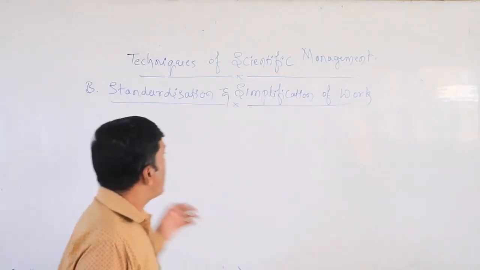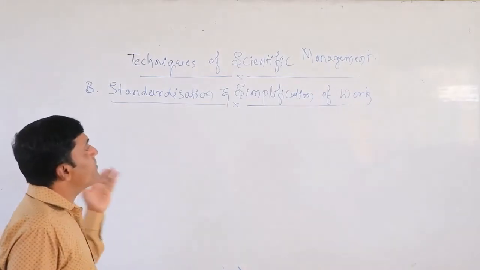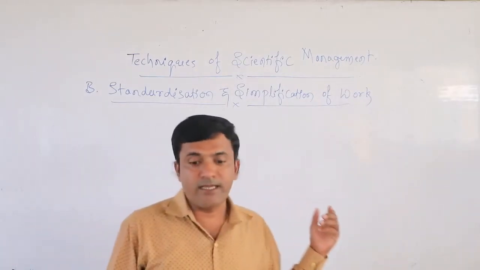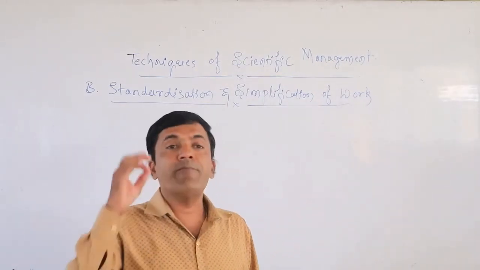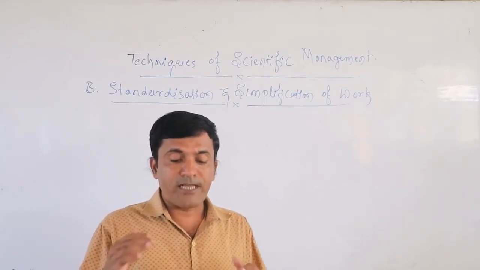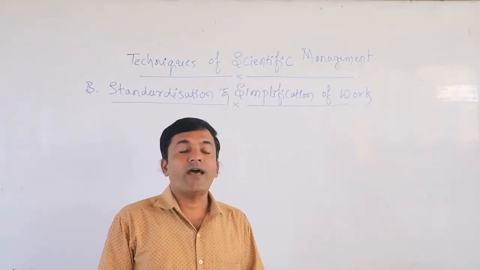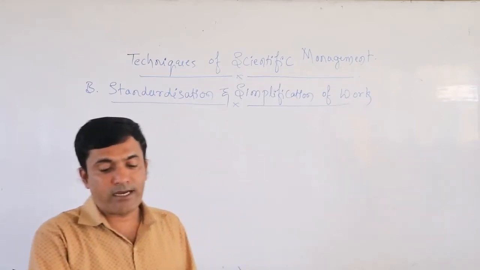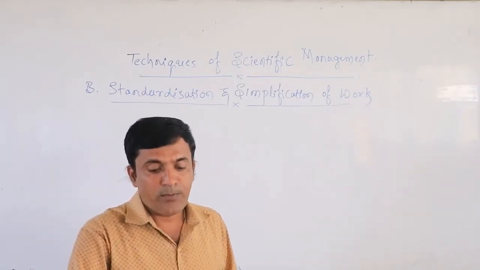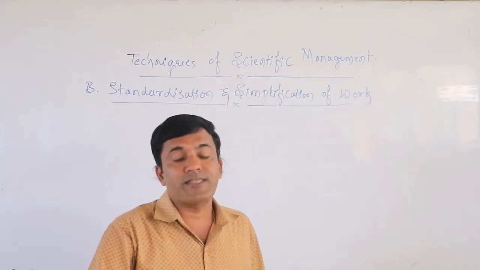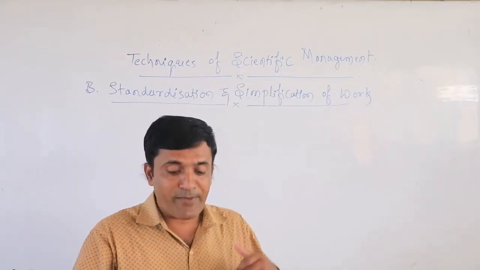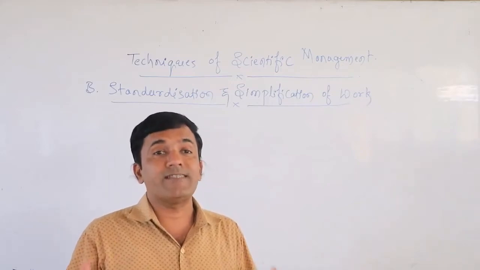So I repeat once again, this is standardization and simplification of work. Under this heading, dear students, the very important point is the process of setting standards of every business activity. As you all know, the business unit contains the business activities, and the process of setting standards of every business activity to maximize output is called standardization.